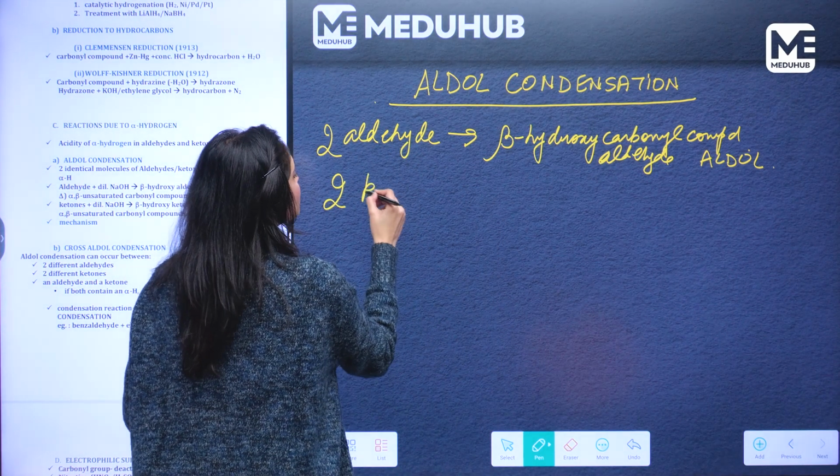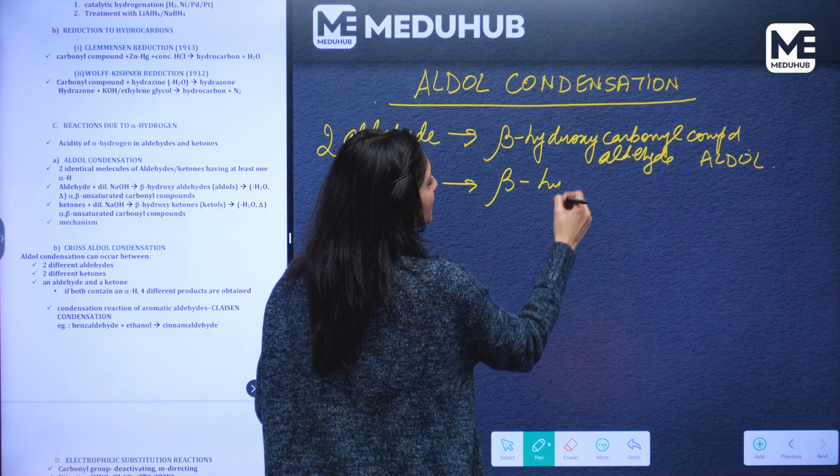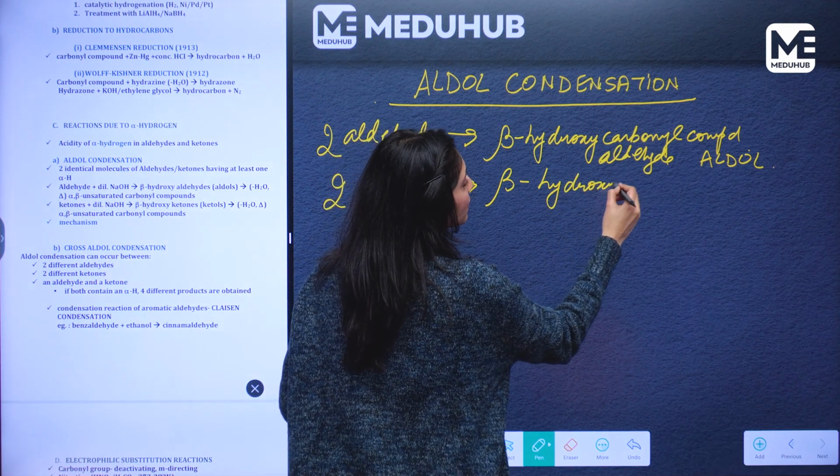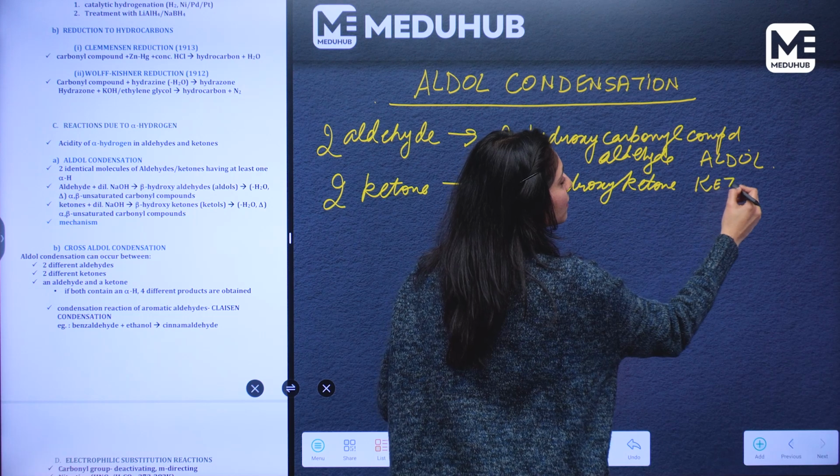Or when two molecules of ketones combine together, it gives beta hydroxy ketone, which is called a ketol.